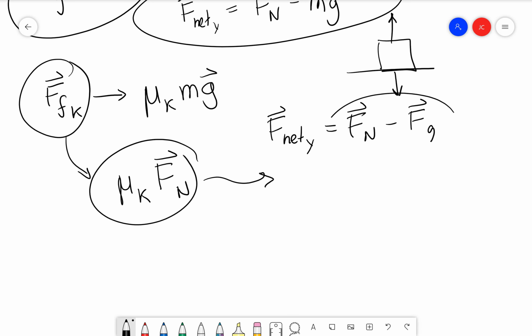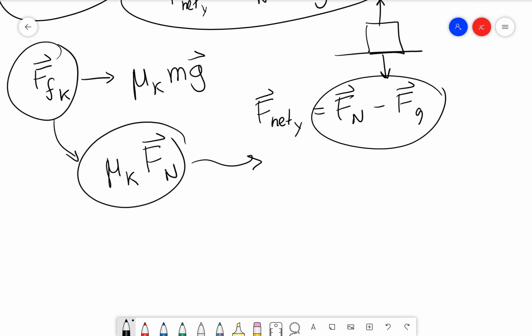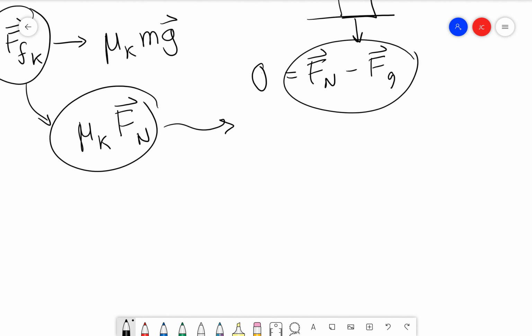And when you have this arrangement, you'll realize you can rearrange this, because net force has to be 0 if the box is on the table, since the box isn't moving. And when you have 0 equaling this, that means that Fn equals negative Fg, which is just going to be Fg in terms of magnitude. They're going in opposite directions, but it's the same number.